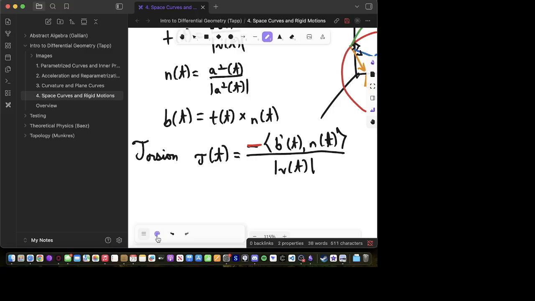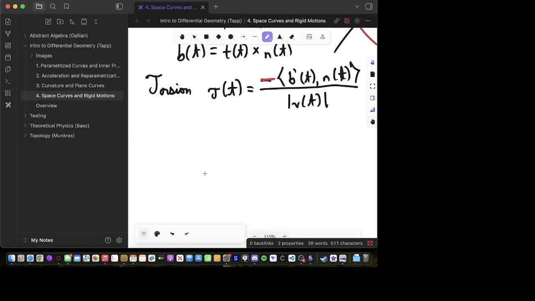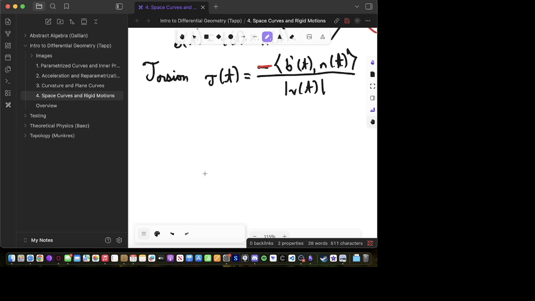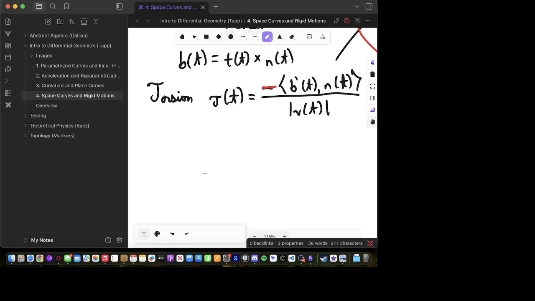So let's say that we have a reparametrization of the curve, and we'll denote it with a tilde. So we have the unit tangent, which is that, the unit normal, which is that, and the binormal, which is that.